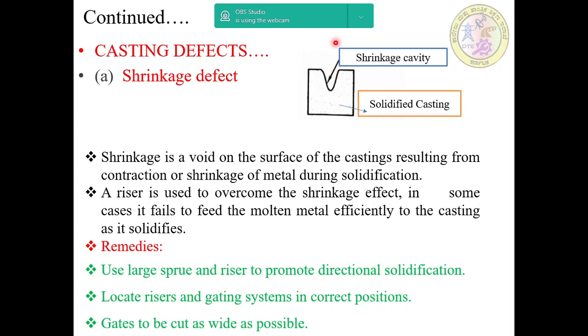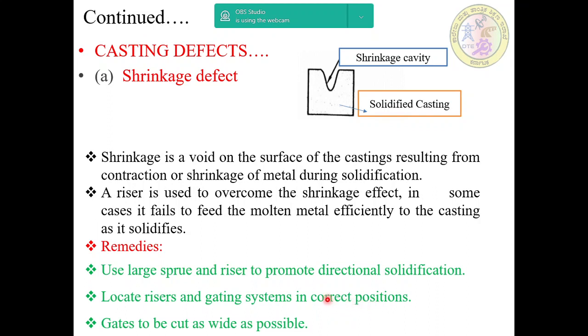While pouring the molten metal, there should be molten metal in the riser section, and while solidification takes place, the same molten metal will feed back to the casting. That means promote directional solidification, and locate risers and gating systems in correct positions.